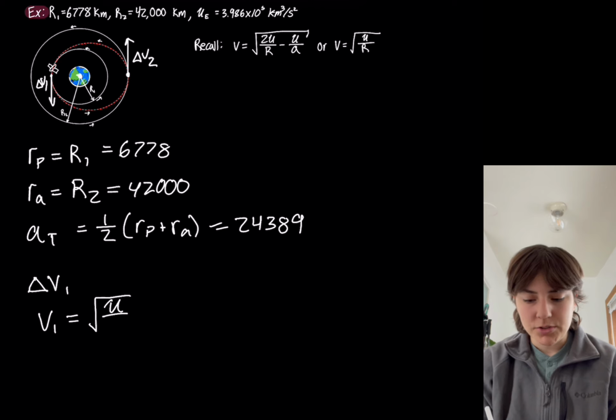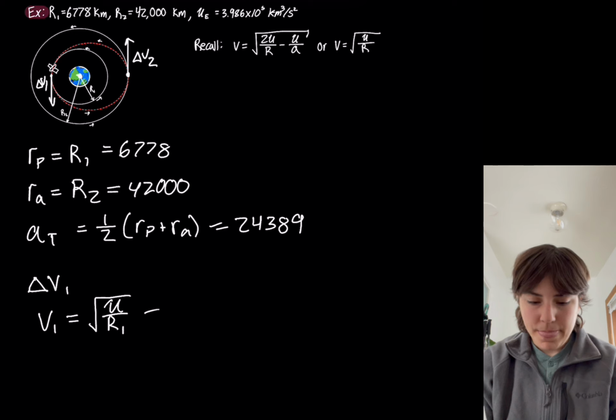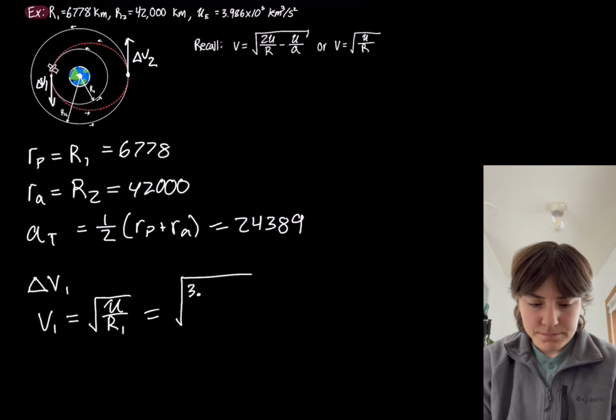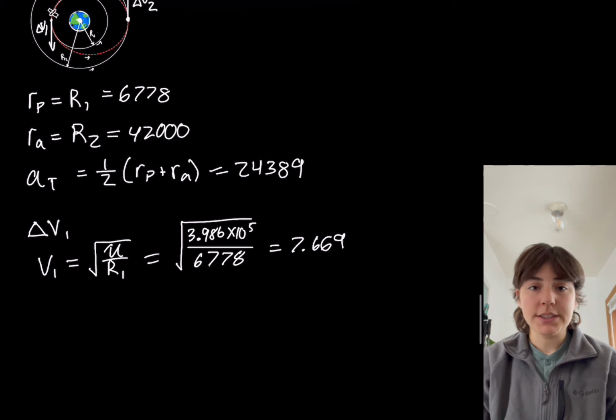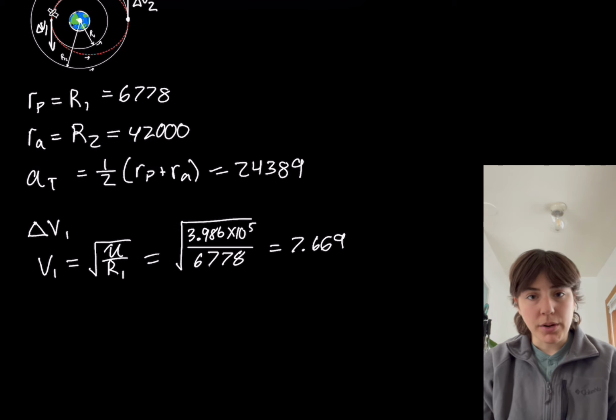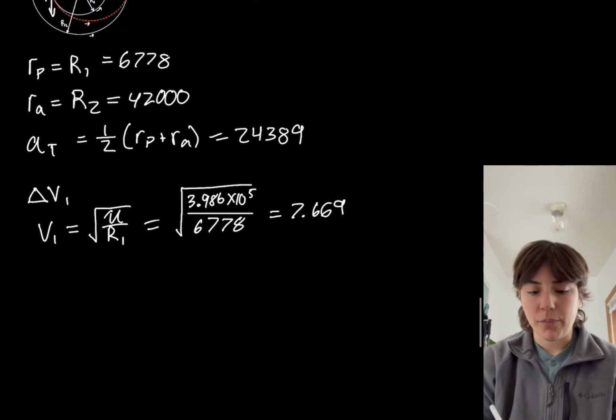And we're on the first orbit, so we use R1. So that is our velocity right before the burn occurs, and it would be the velocity without any interference. There are no burns, so that would be that.